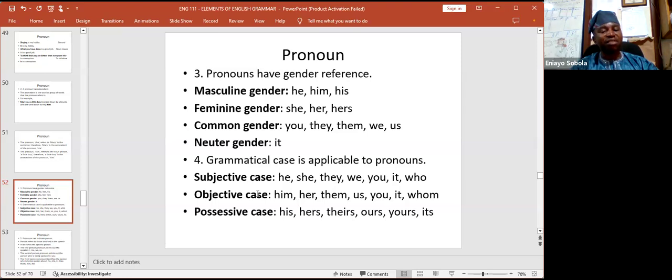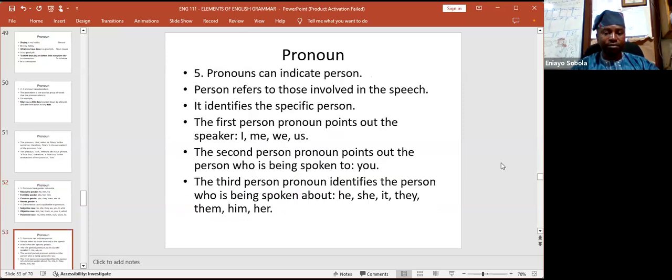In the case of objective case, we use the objective pronouns such as him, her, them, us, you, it, whom. While the possessive shows the ownership or possession of something, there we use the possessive pronouns his, theirs, hers, yours, its. So this shows that there is case reference in pronouns.